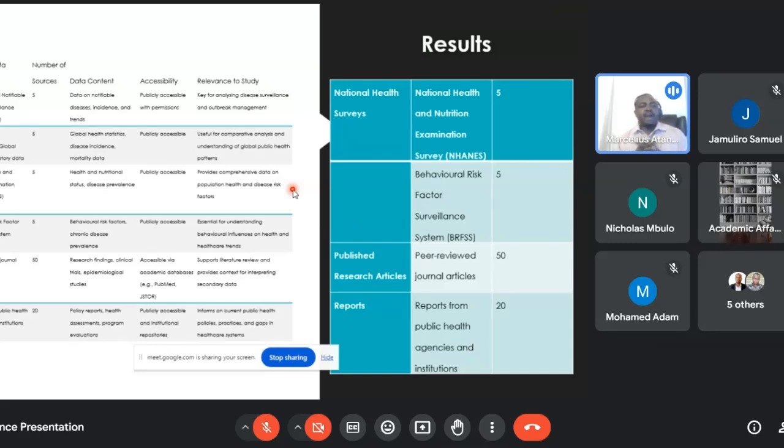So we have 5 public records, 5 World Health Organization documents, 5 national health surveys, 50 published research articles, and 20 reports.